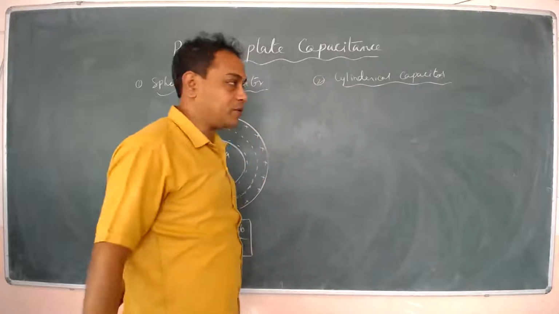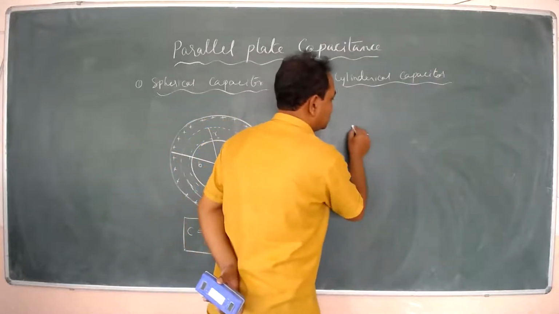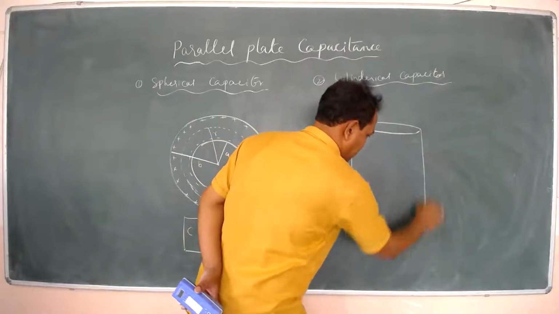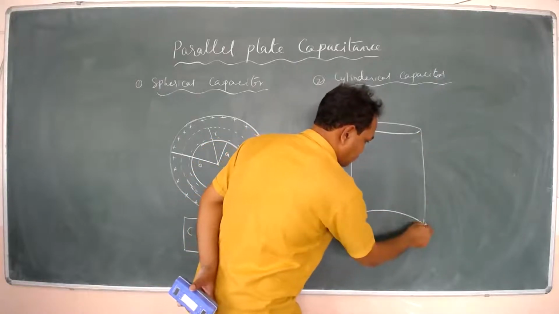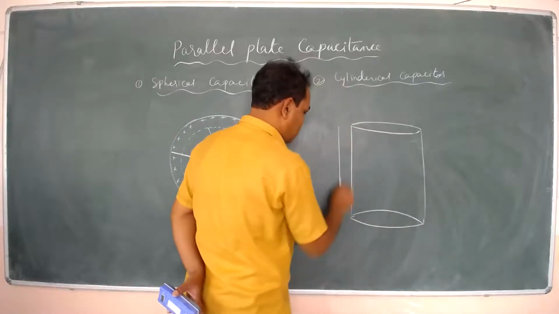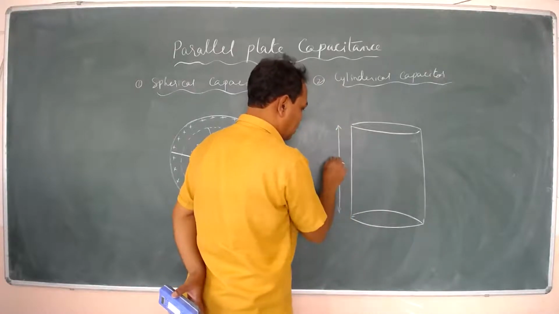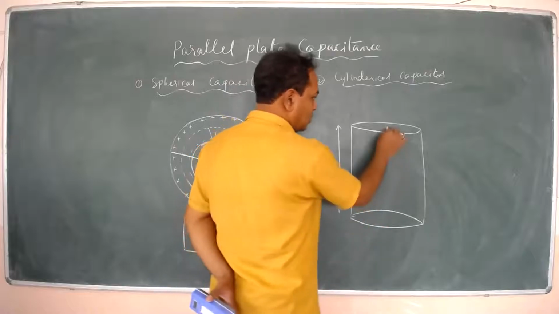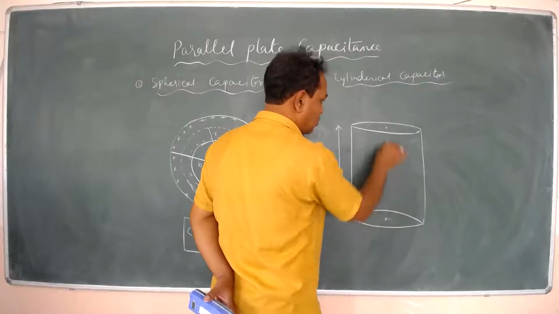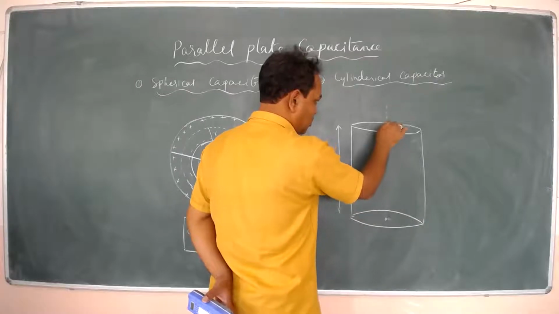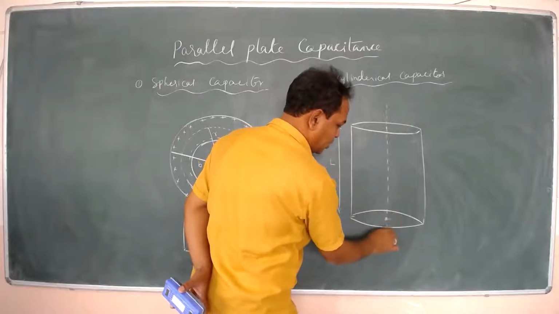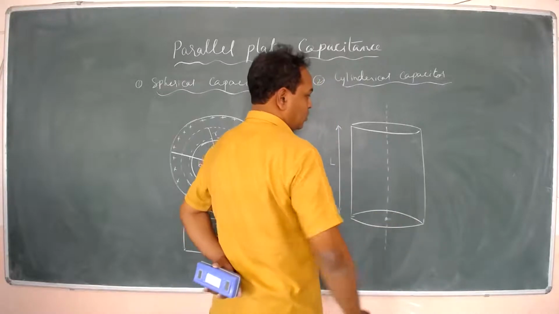Let us consider this is a cylinder of length capital L. This is an axis passing through the center of the cylinder.